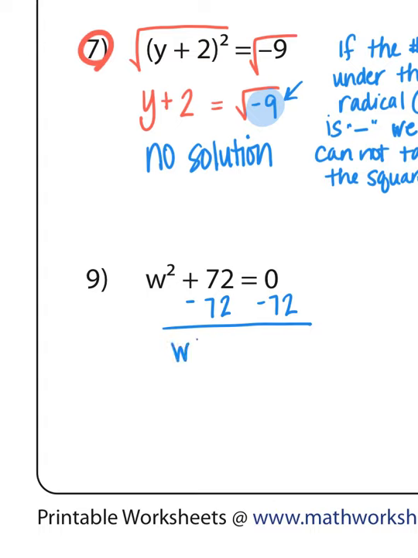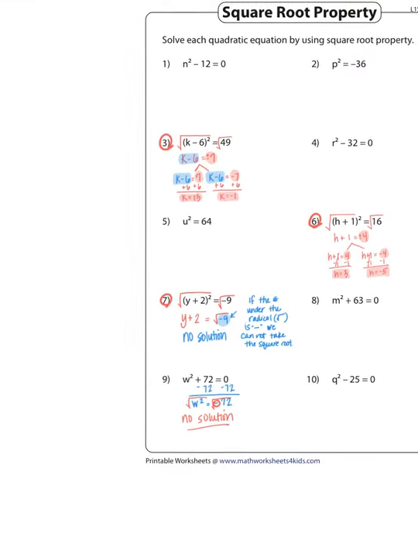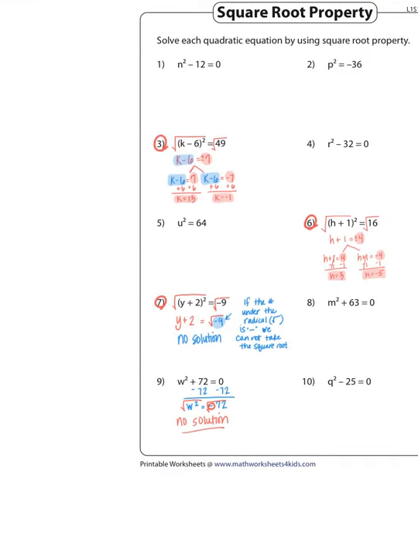And we get w squared equals negative 72. I take the square root of both sides, and I see that there's a negative under my square root sign, so this is no solution. And I think there are 2 more that you're going to have a no solution on this worksheet.